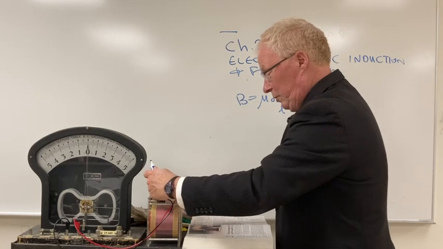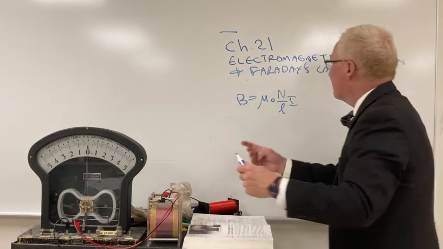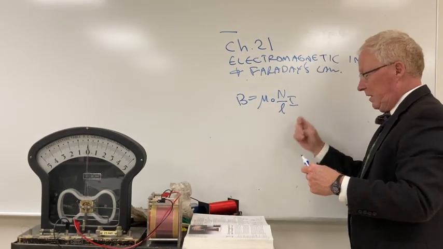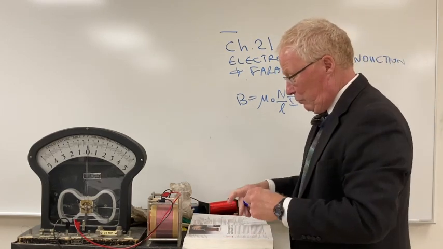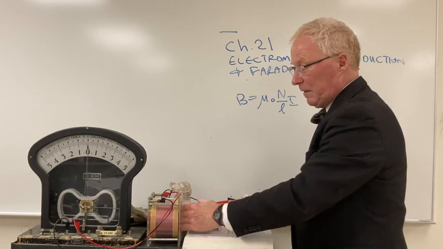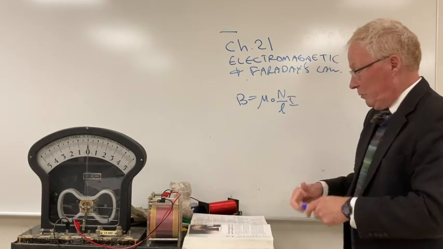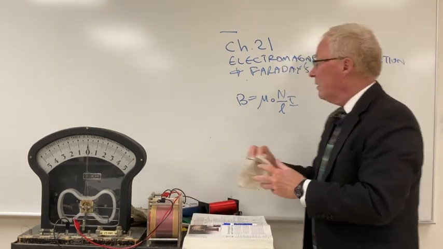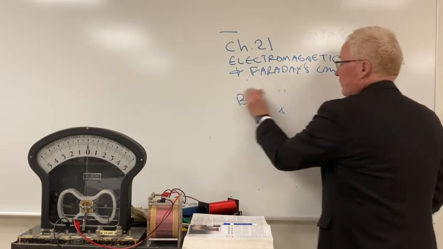So the more turns per length times this constant times I, we get a greater magnetic field produced inside this coil. So we're going to be using a coil and see if we can produce a current there.